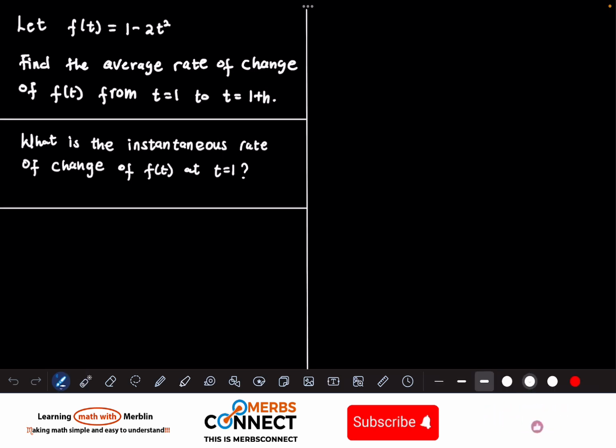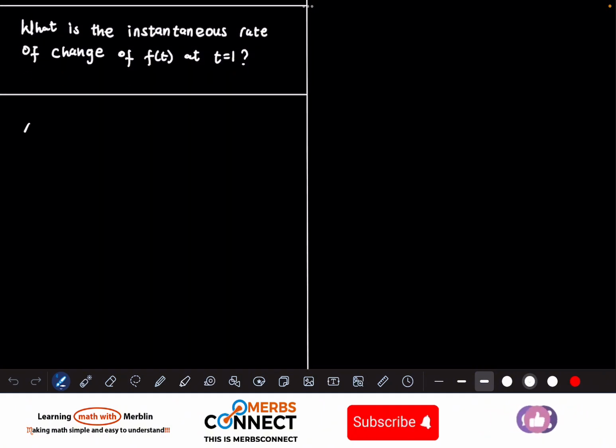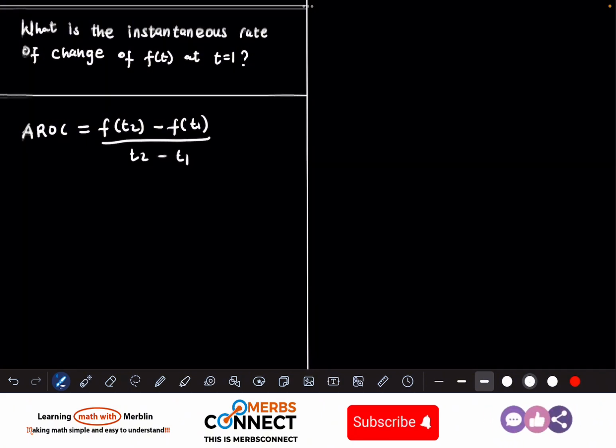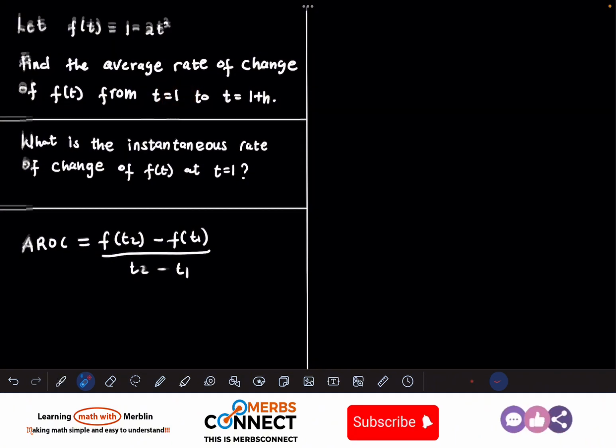So now let's start by writing down the formula. So now we know that the average rate of change is equal to f of t2 minus f of t1 divided by t2 minus t1. And t2 is 1 plus h and t1 is 1.